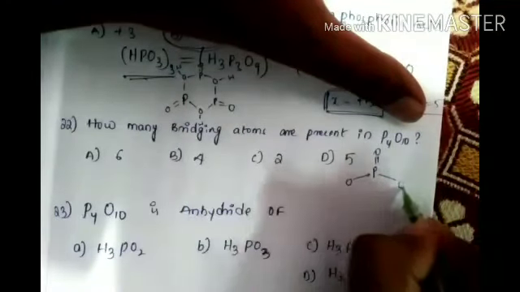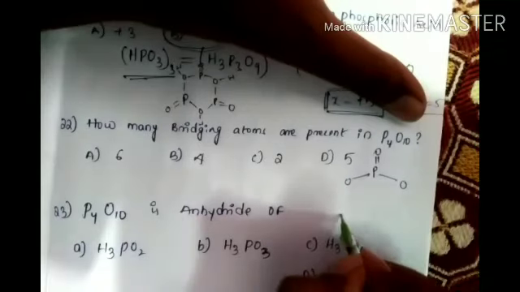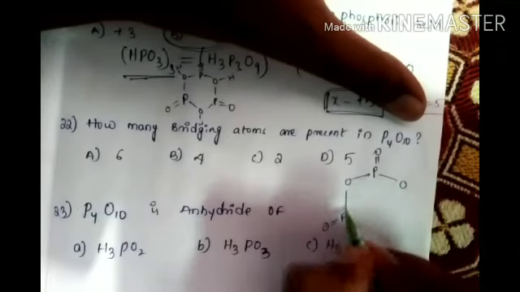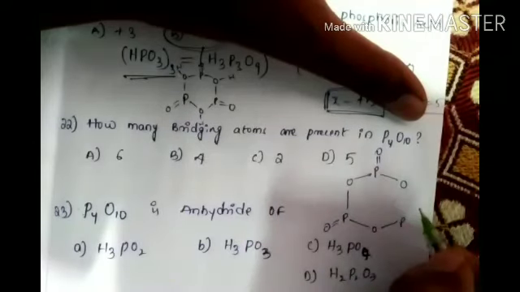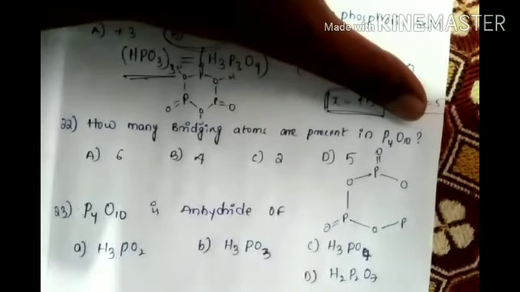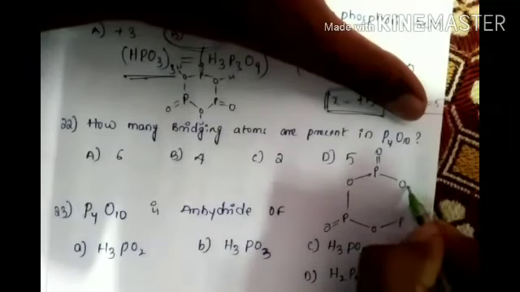It is P double bond O, P double bond O, P. Totally how many come? 1, 2, 3, 4. 4 will come, not 3.